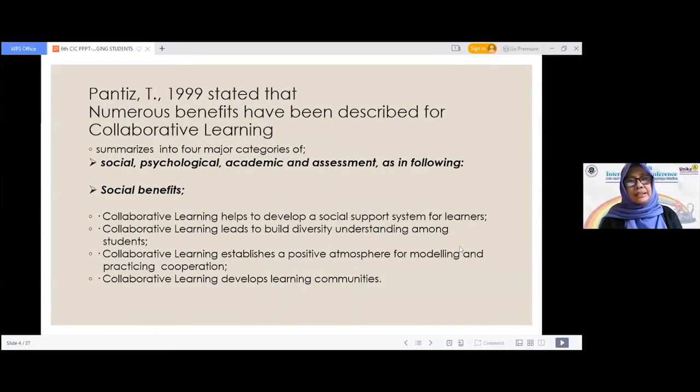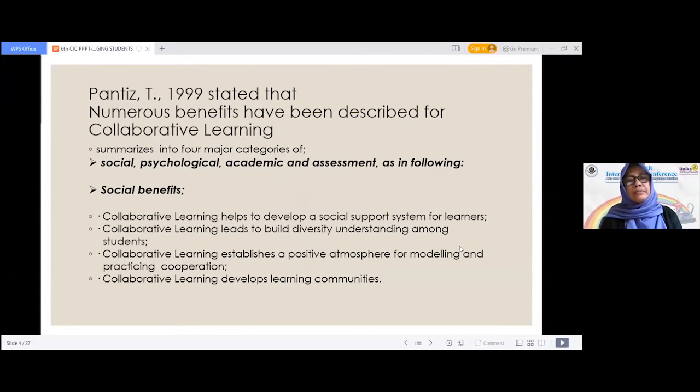Penich, 1999, stated that numerous benefits have been described for collaborative learning. He summarizes into four major categories. Those are social, psychological, academic, and assessment, as in the following.